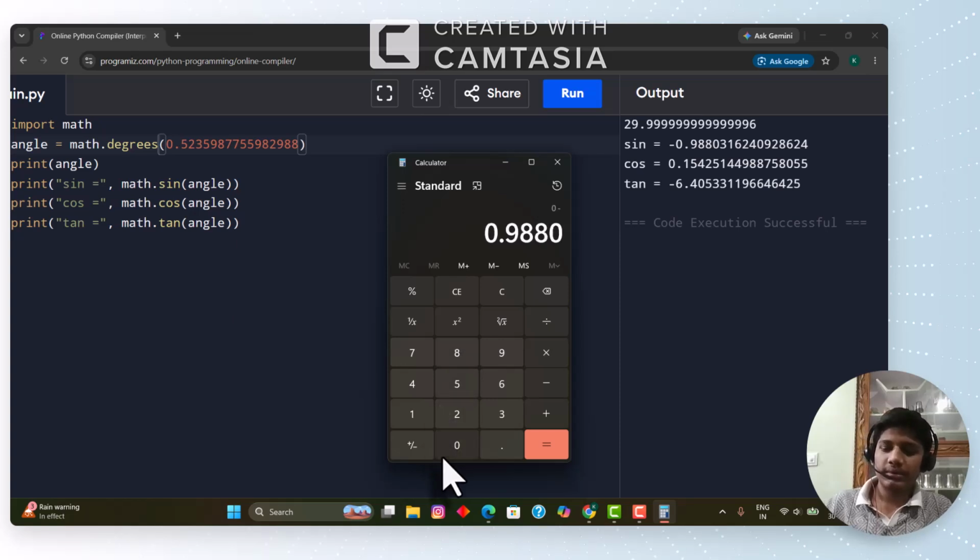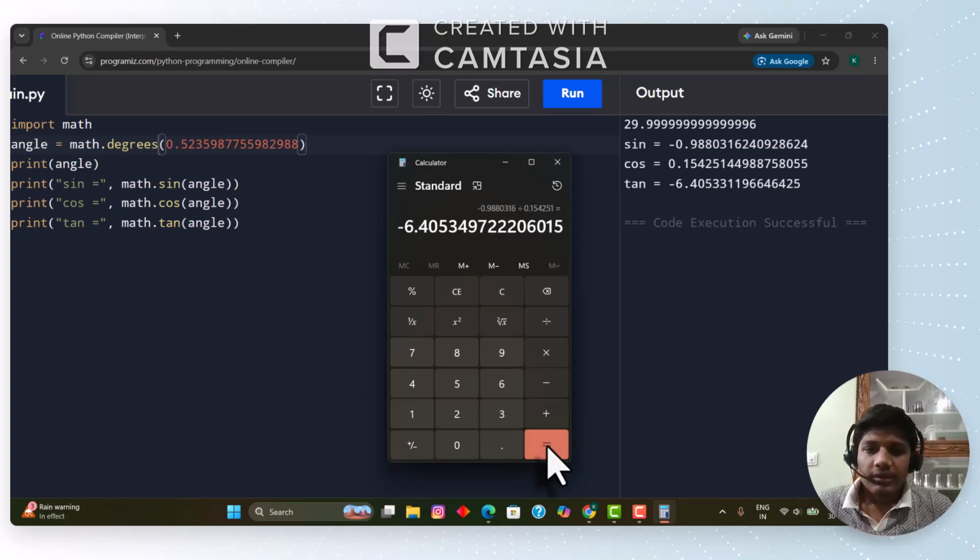So we can type it, divided by cos 0.154251. So for example, like minus 6.405349, like that. So we did not enter every digit here.